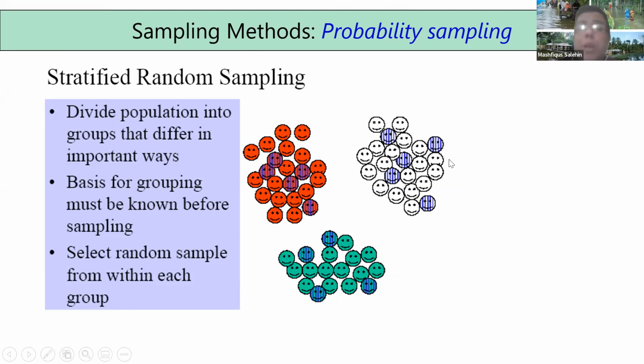So different types of livelihoods. They can form different strata in your population. Once you have stratified your population, it will be easy for you to sample from these strata.